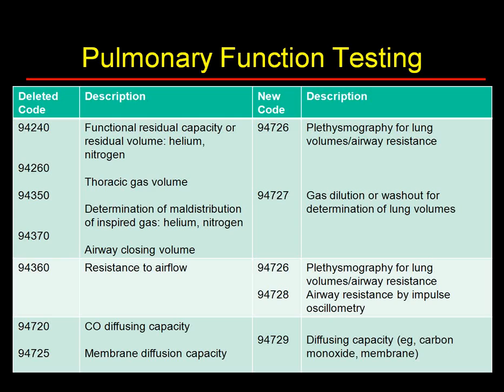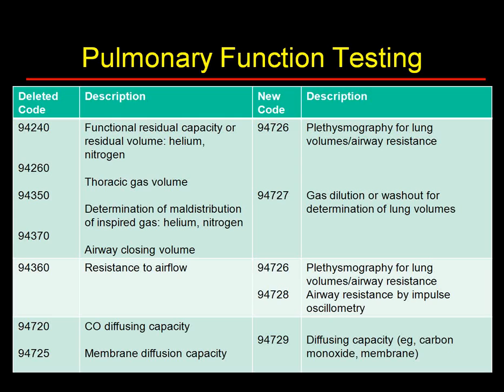Now, for the measurement of lung volumes, there are two new codes. Body plethysmography is now the 94726, and that would account for measuring thoracic gas volume, functional residual capacity, calculation of the residual volume, and total lung capacity, all of the standard lung volume measurements that one can make doing plethysmography.